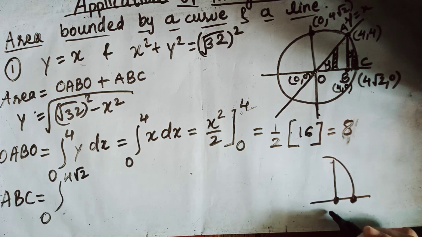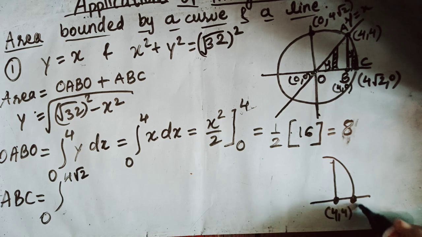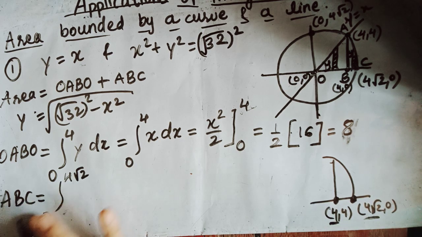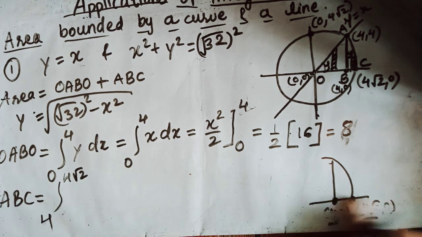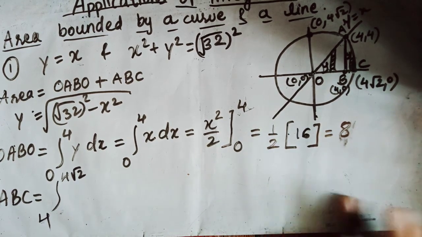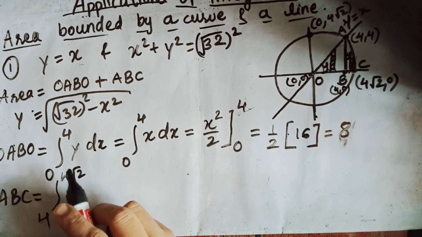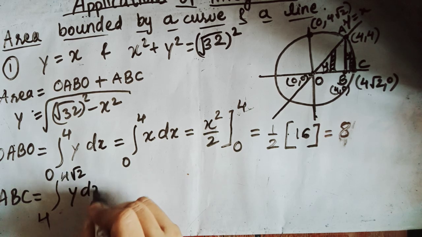This is 4 comma 4, and this is 4 root 2 comma 0. So you are moving from 4 to 4 root 2, and you have to write y dx.